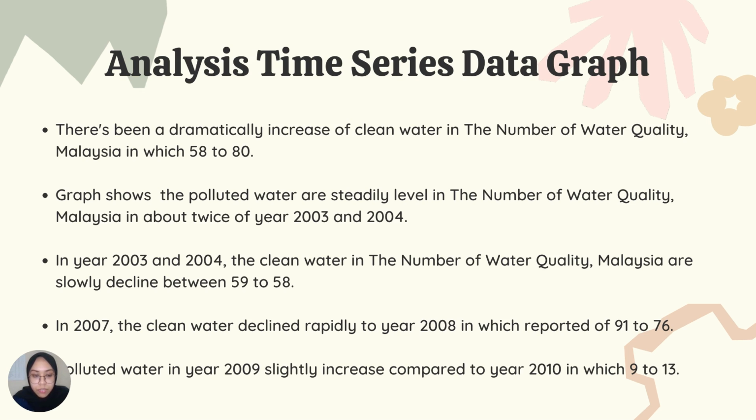In 2007, the clean water declined rapidly to year 2008, in which reported of 91 to 76. Last, polluted water in year 2009 slightly increased compared to year 2010, in which 9 to 30.